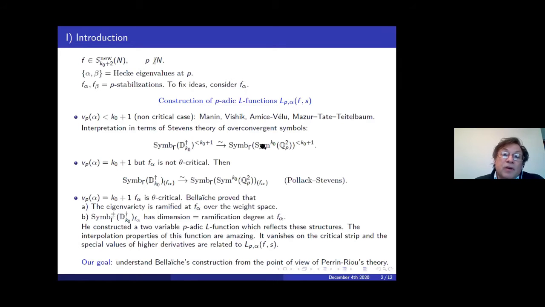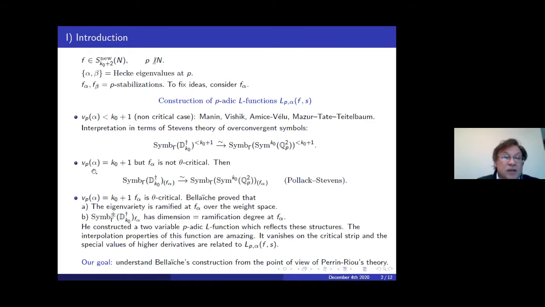If we can lift a classical modular symbol to an overconvergent modular symbol, then we can construct a p-adic distribution interpolating p-adically special values given by the classical modular symbol. So this is the approach of Stevens.